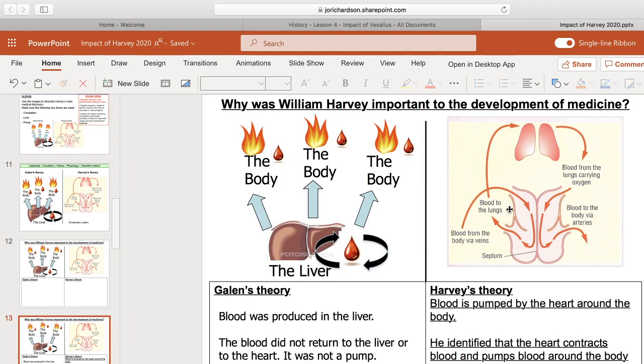So this is very different to what Galen thought, and that's where we come in. We're not here to have a scientific understanding of the heart and circulation system. All you need to know is this directly opposes this idea.